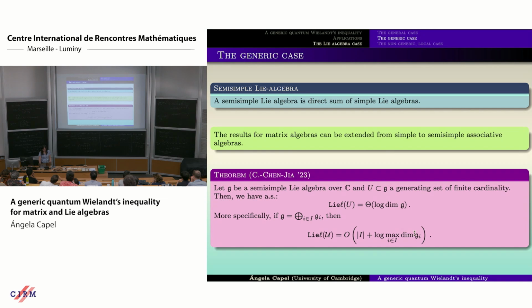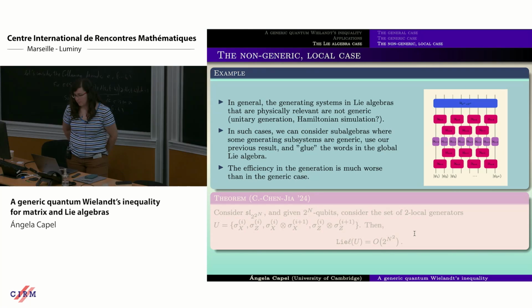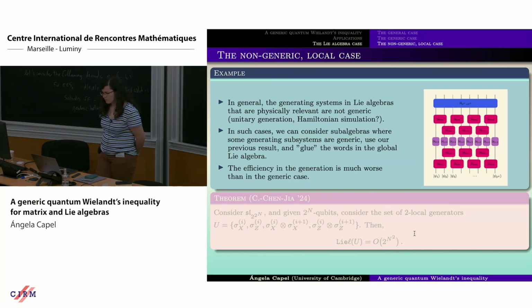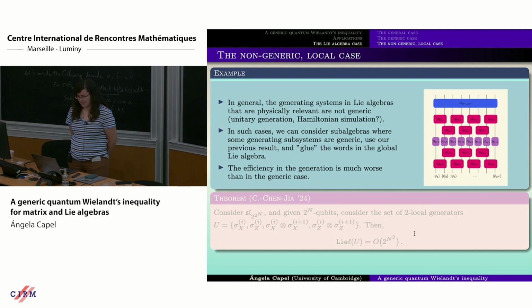But this is not the most interesting thing that you can say because, again, the motivation for this project came from some applications for some particular context, in quantum computing in this case. So the most interesting thing that we can actually say for unitary generation or Hamiltonian simulation or all these other contexts has to do with the case in which we are not in the generic setting.